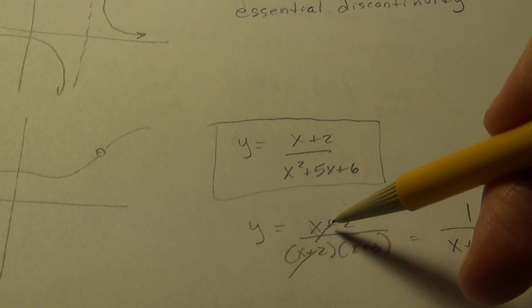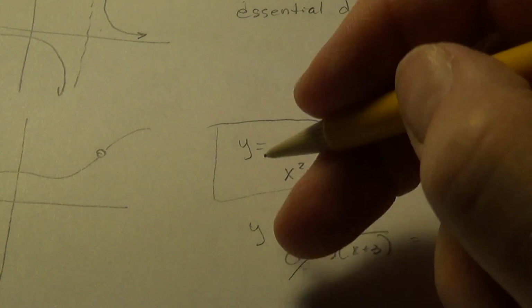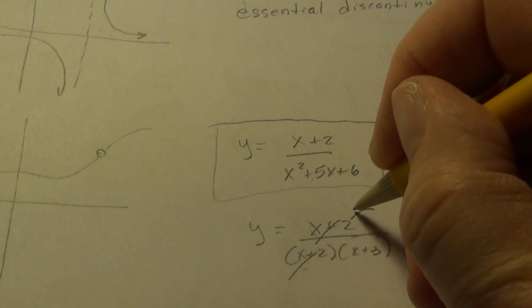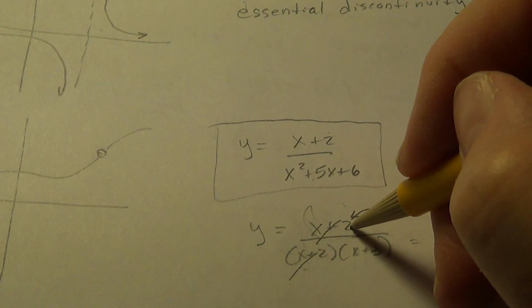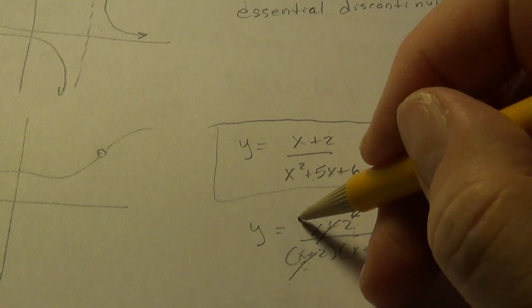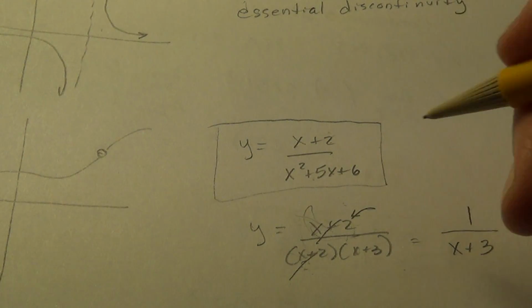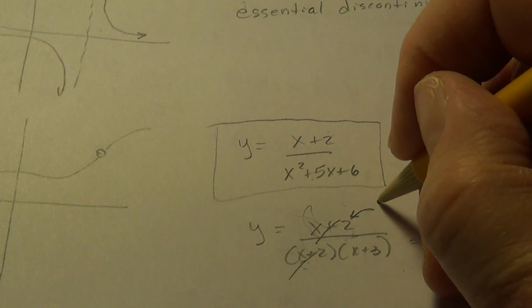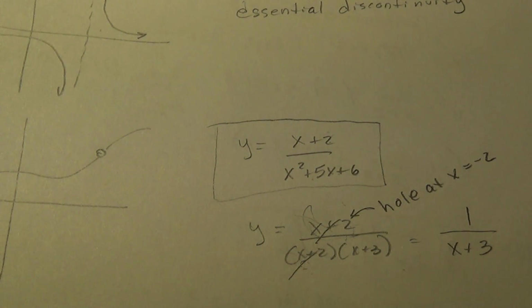So they can cancel one another, but what it causes is a hole, because if we only had this factor without this one, it would be a 0. If we only had this factor without this one, it would be an asymptote. So it can be a 0 and an asymptote. So what happens is there's a hole at x equals minus 2.